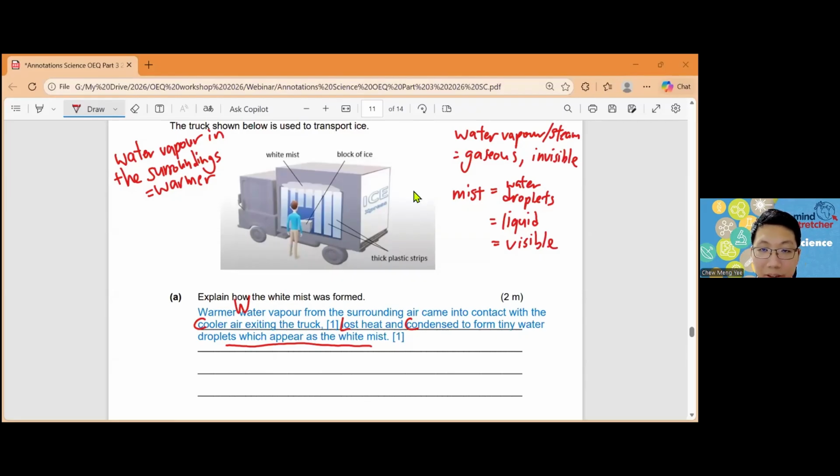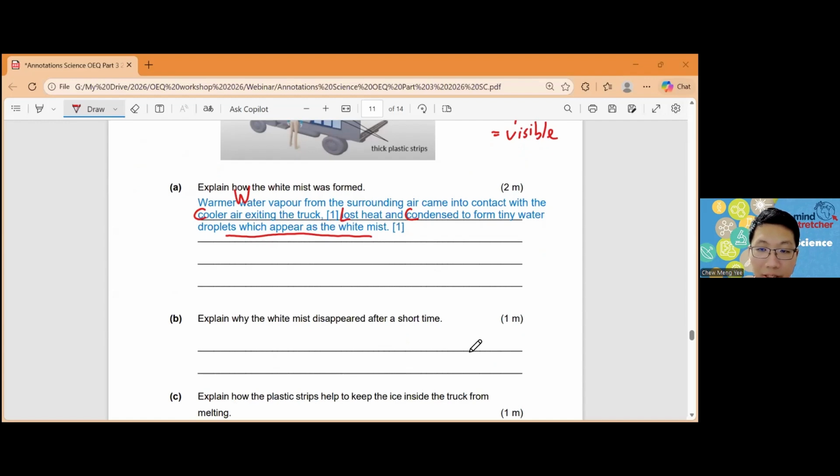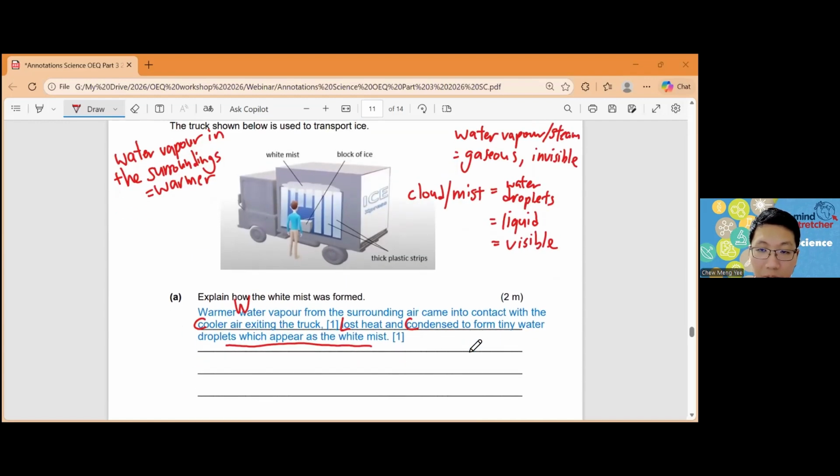Please write this down. I just add in cloud, mist. Sometimes they use fog, F-O-G. Same thing. Fog, cloud, mist, they're all the same. Please don't get this wrong. Mist is water droplet, liquid state.